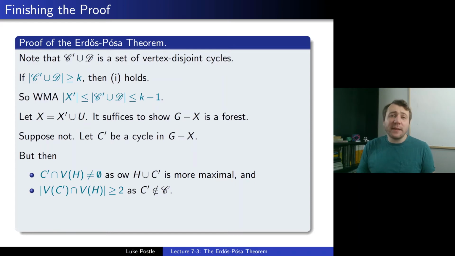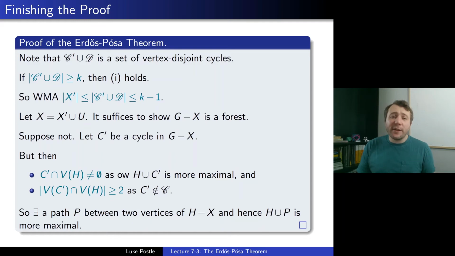Moreover, C prime has to have at least two vertices in H, as otherwise C prime would have been in the script C. Then we're basically done because now we know that C prime goes between two vertices of H minus X, and those have degree at most 2 in H. So that means there's a path between two vertices of H minus X that is otherwise disjoint from H. And so we get this H-path P, and then we can add it, H union P, to be more maximal. And so that's the contradiction.